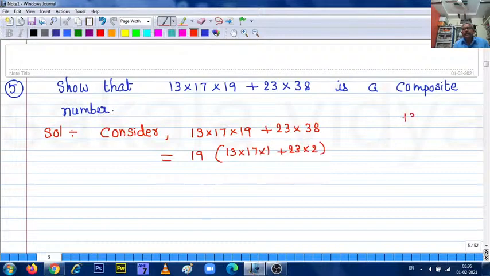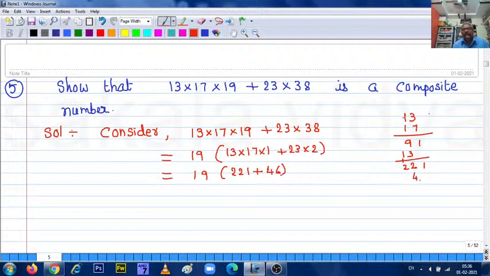So now 13 into 17, 13 sevens are 91, 13 ones are 13, this is 221. So 19 times 221 plus this will be 46.